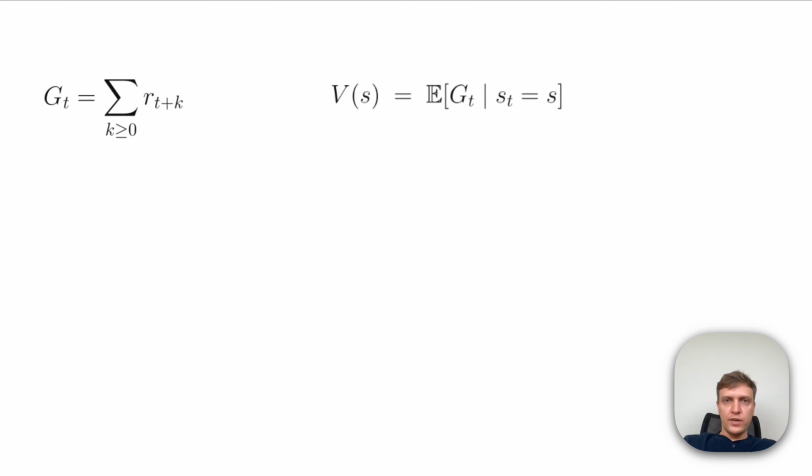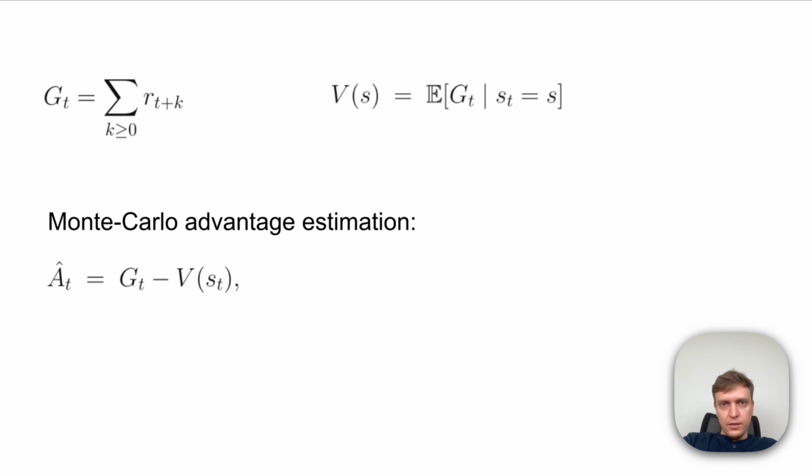And if you know the value function, we can estimate advantage. The most direct way to estimate it is called Monte Carlo advantage estimation. And this advantage estimation is simply the difference between the return that we had in this particular rollout minus the value function at this state.